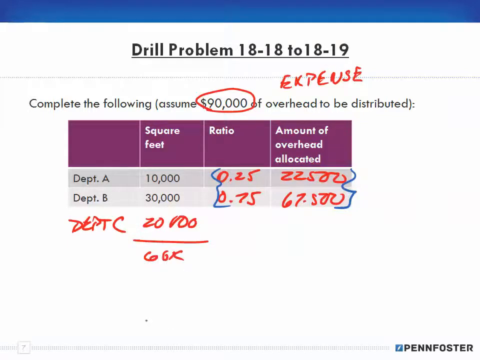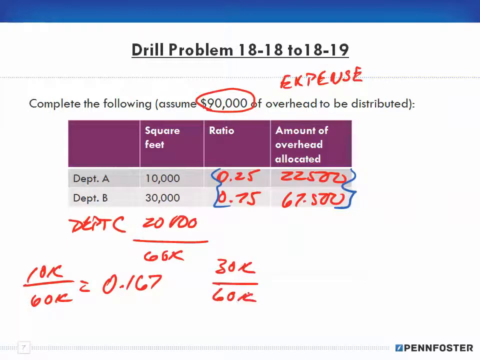60,000. Okay, well now, when I take 10,000 and I divide by 60, 10 divided by 60, I get 0.167. If I have 30,000 divided by 60, I end up with 0.5.